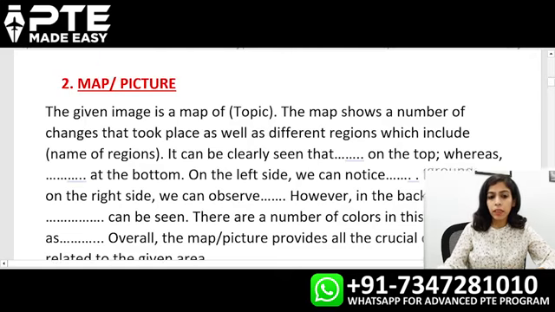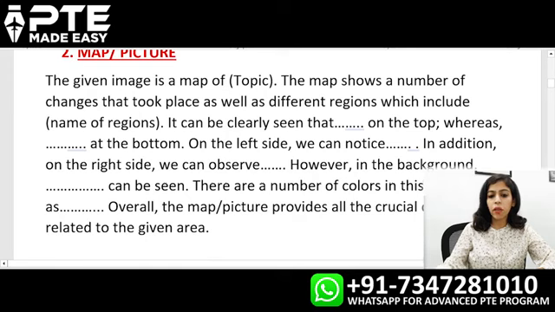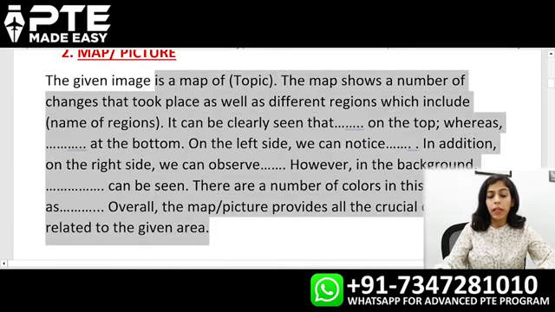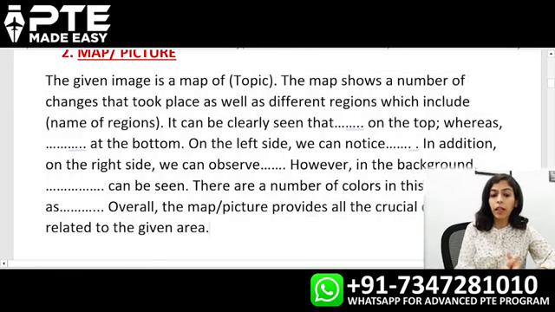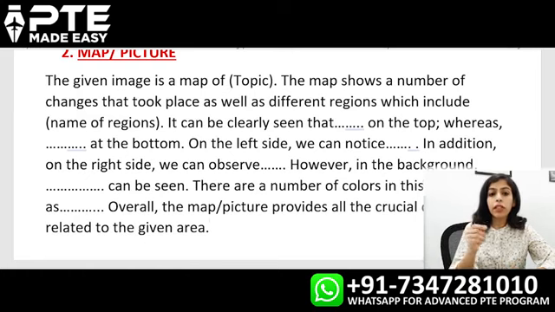Here the total template is somewhere around 80 to 90 words. Basically, whenever we get a describe image question, we simply get 25 seconds to analyze the question. So in that 25-second span, you simply have to look at the image. After looking at the image, you have to understand it, and then you need to decide what to speak in the given time.